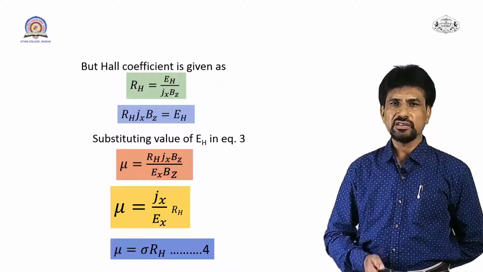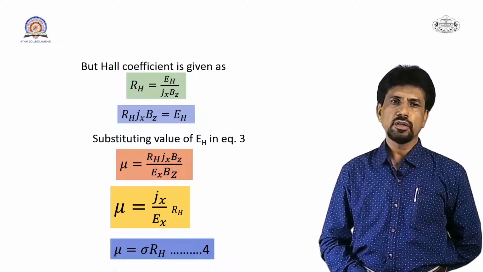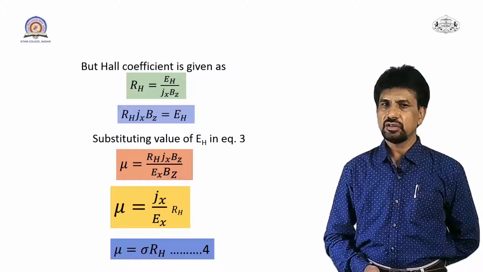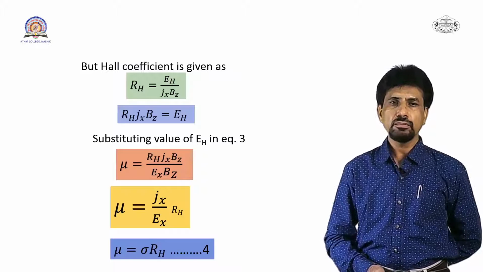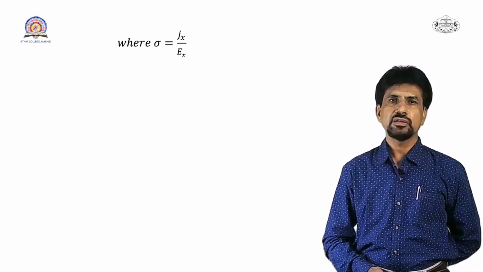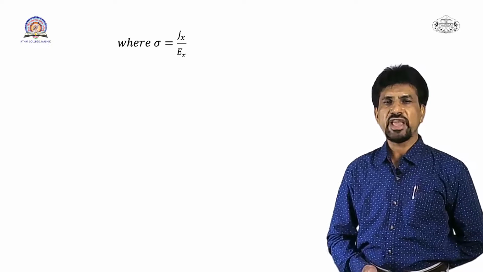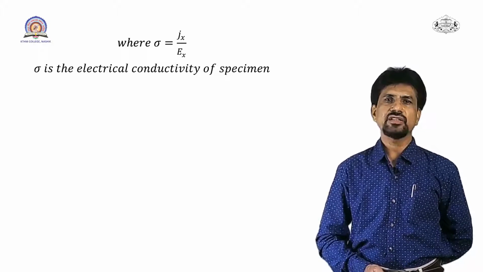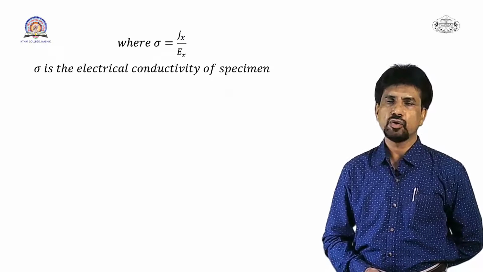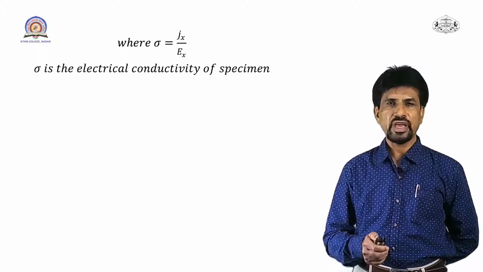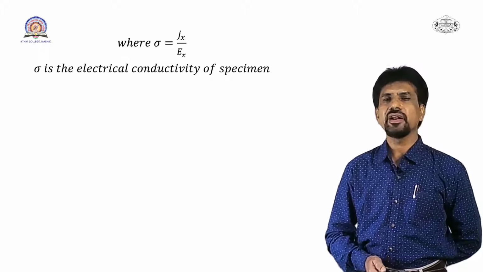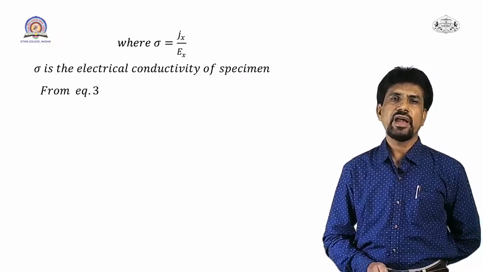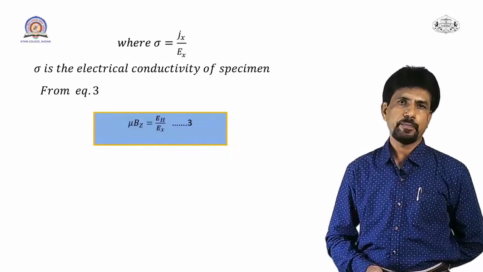Now we can write this equation as mu is equal to sigma into RH, where the term sigma is equal to Jx divided by Ex, and sigma is known as the electrical conductivity of the specimen. So we can express the electrical conductivity in terms of the current density and the applied electric field.